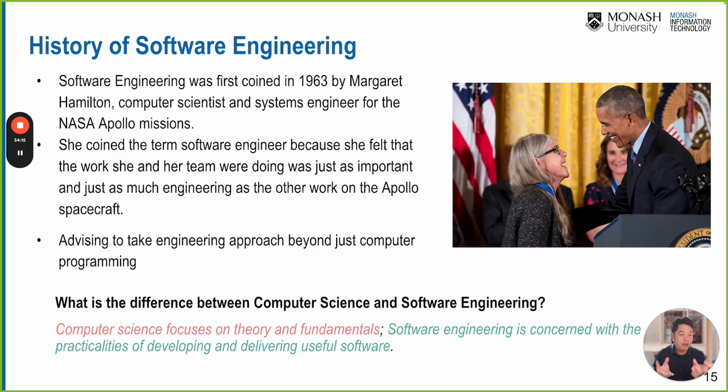But when we talk about software engineering, it's about how we build things in a more engineering way. We apply engineering principles to create software. Think about civil engineering. They want to build buildings, skyscrapers, bridges, that kind of thing, right?